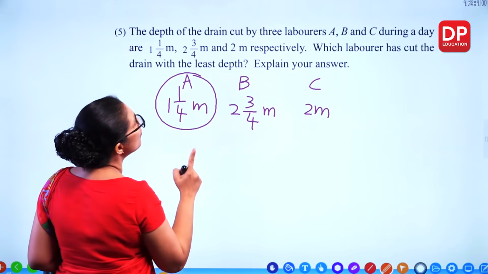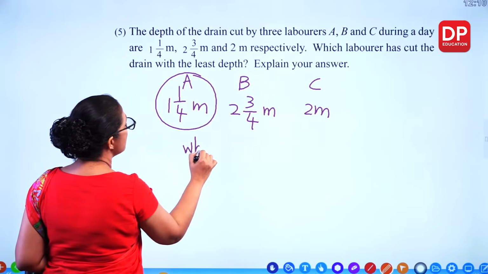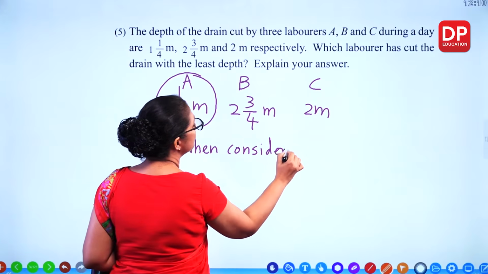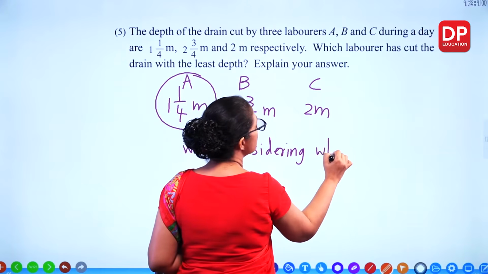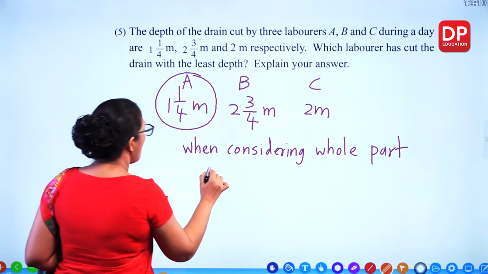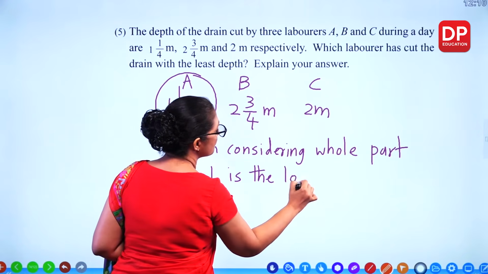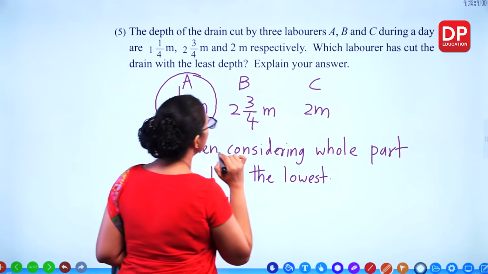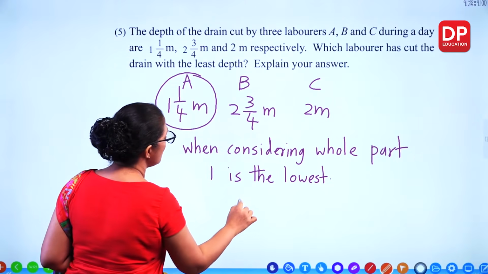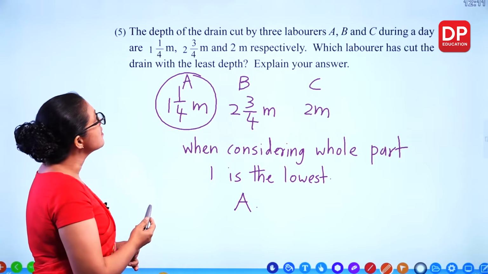So you can write, when considering the whole part, 1 is the lowest, so A. Which laborer has cut the lowest? A cut the lowest depth.